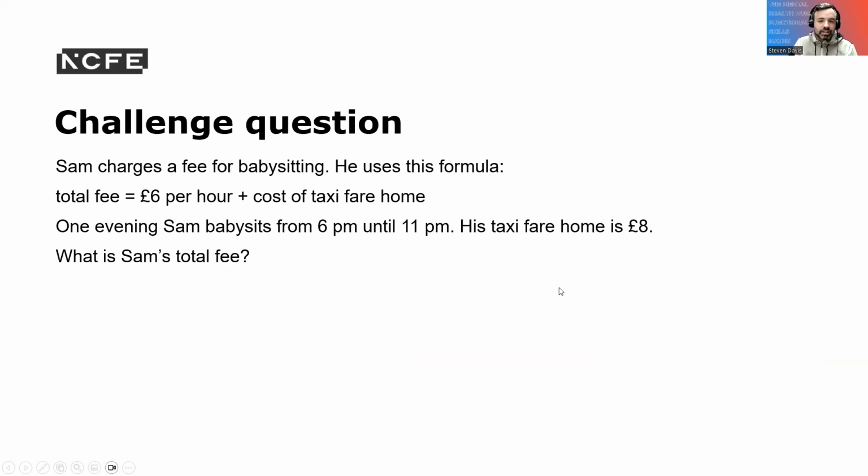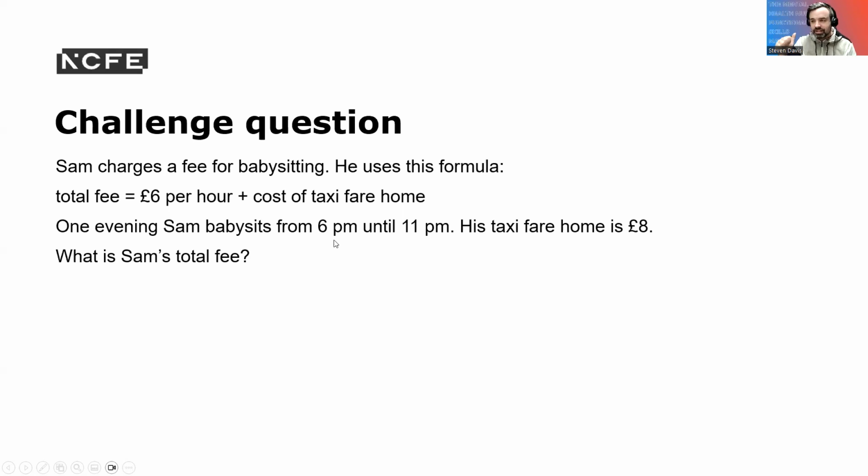So now let's look at the challenge questions. Sam charges a fee for babysitting. He uses this formula: total fee equals £6 an hour plus cost of taxi fare home. One evening, Sam babysits from 6 p.m. to 11 p.m. His taxi fare home is £8. What is Sam's total fee? So we need to work out how many hours there were.